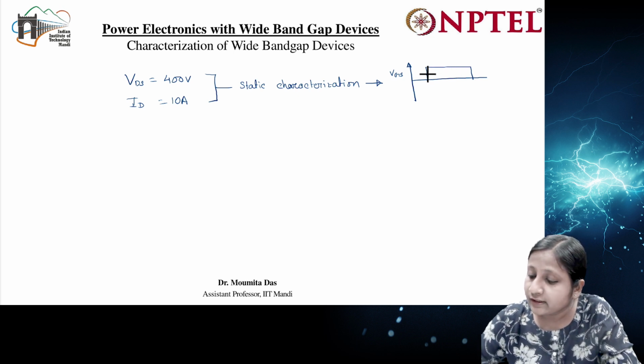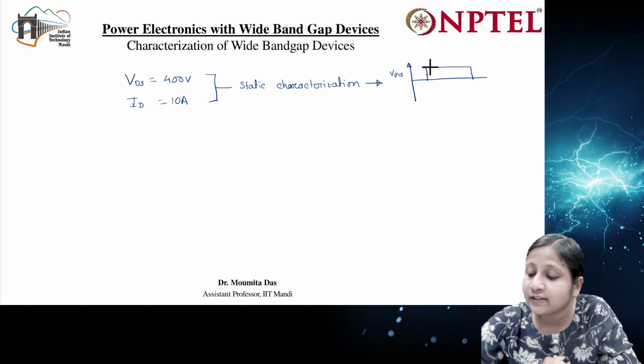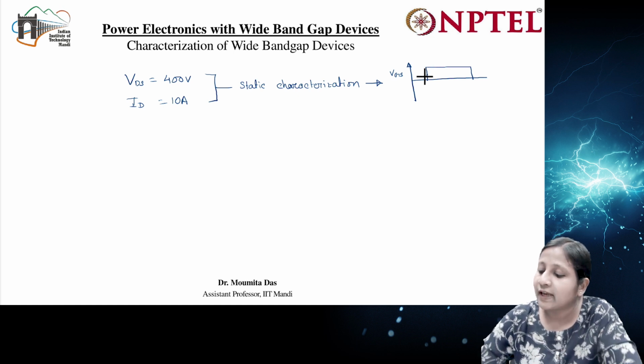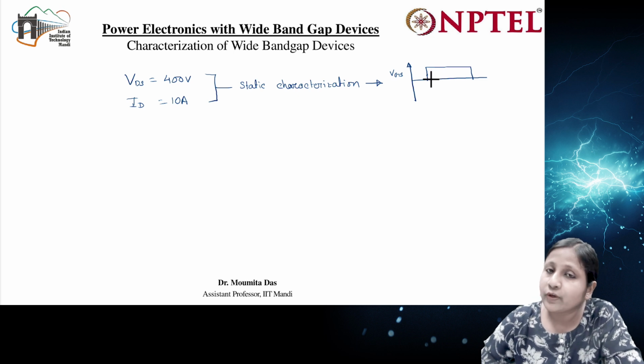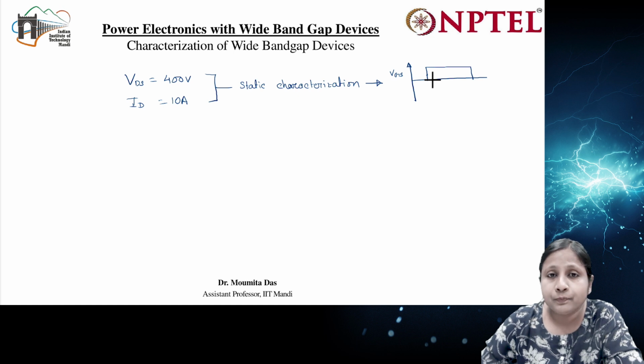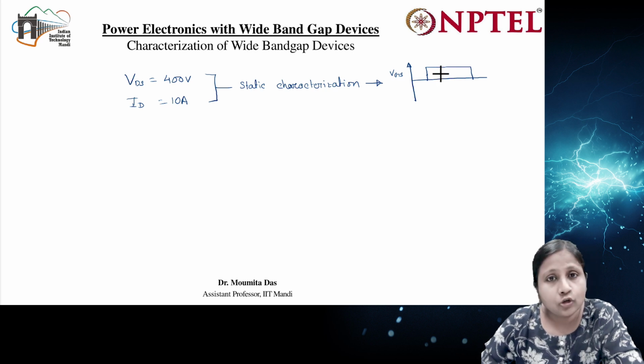Now if the width of this gate pulse is much wider, then what will happen? That will cause high conduction loss, because when we apply the gate pulse, we are expecting the device to conduct. Due to the device conduction state, there will be conduction loss.